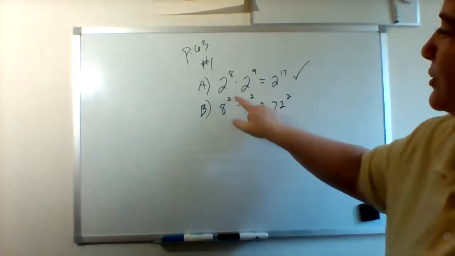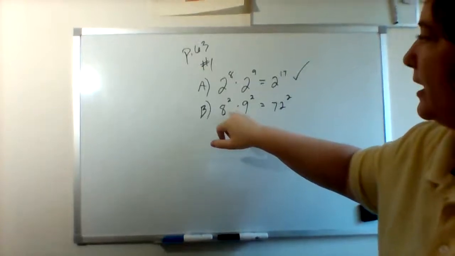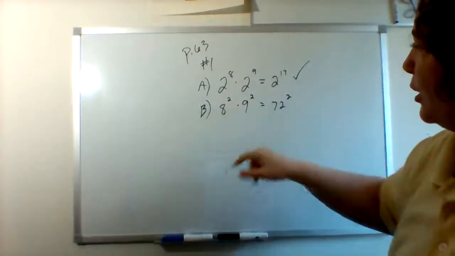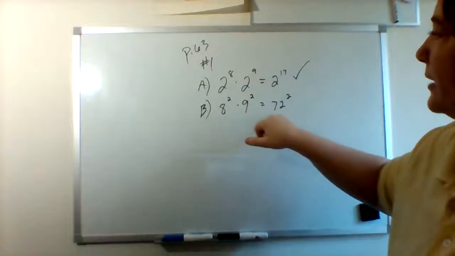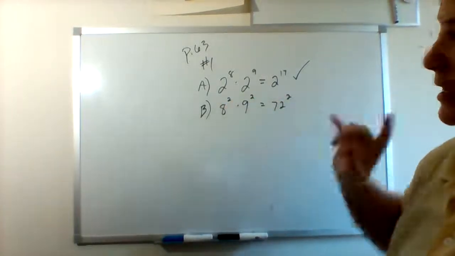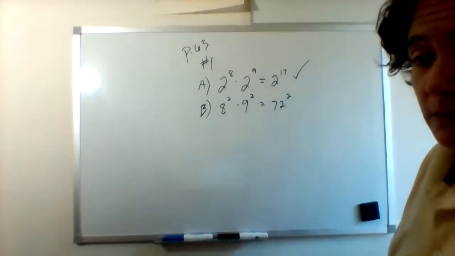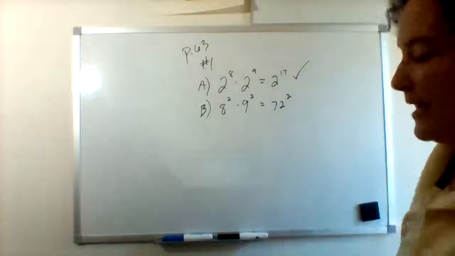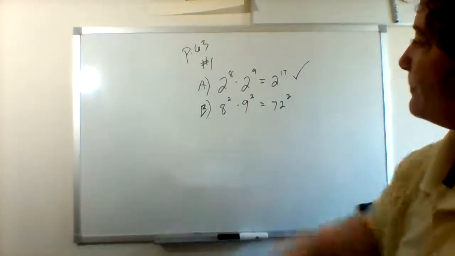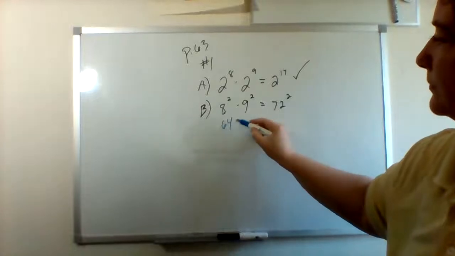If my exponents are the same and the operation that connects both of the terms is multiplication, you can simply do 8 times 9, which is 72, and you would keep the exponent the same. Now, if you don't remember the chart, we can expand, absolutely. What is 8 squared? It's 64.